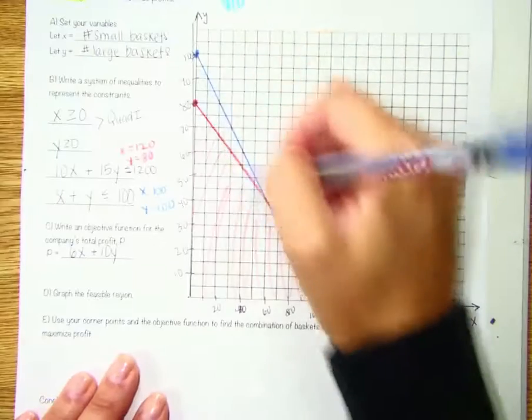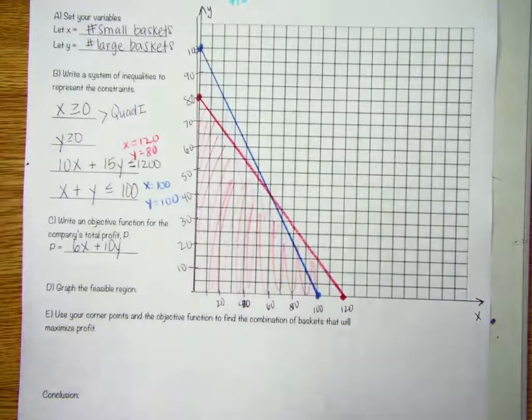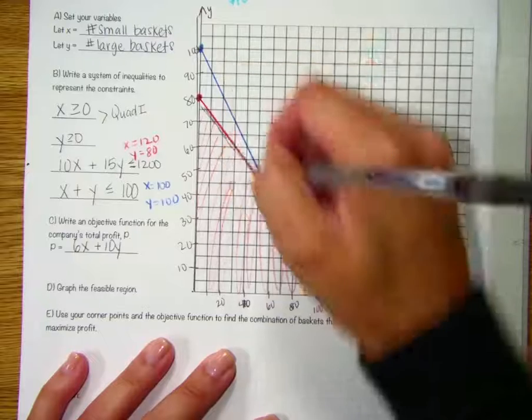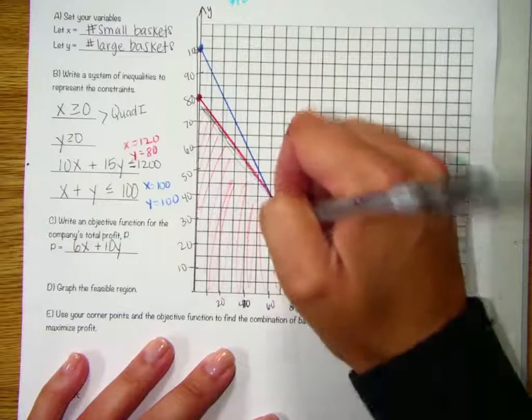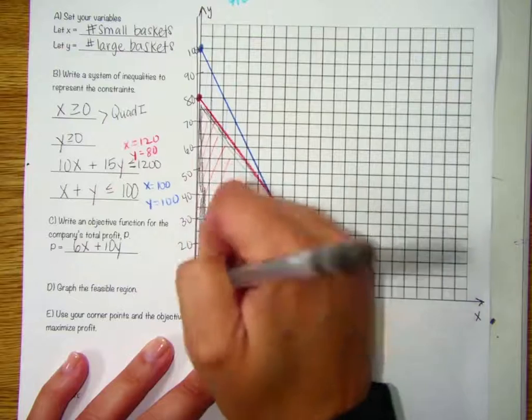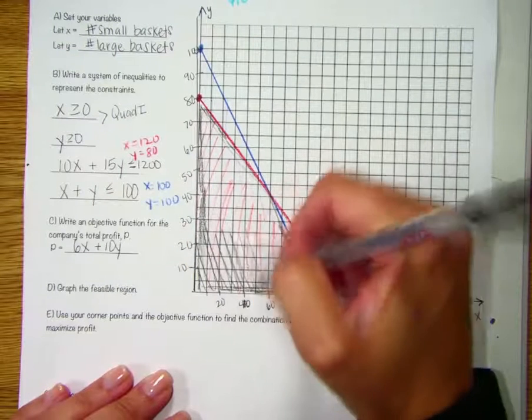We're also shading below that. So basically our final shaded area is below both of these. So we're below the red one here, and then we kind of jump over and we're below the blue one here, also bounded by the x and y axes.